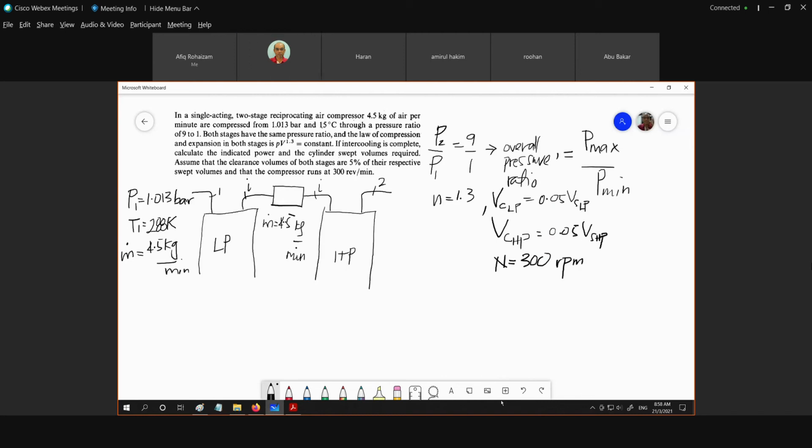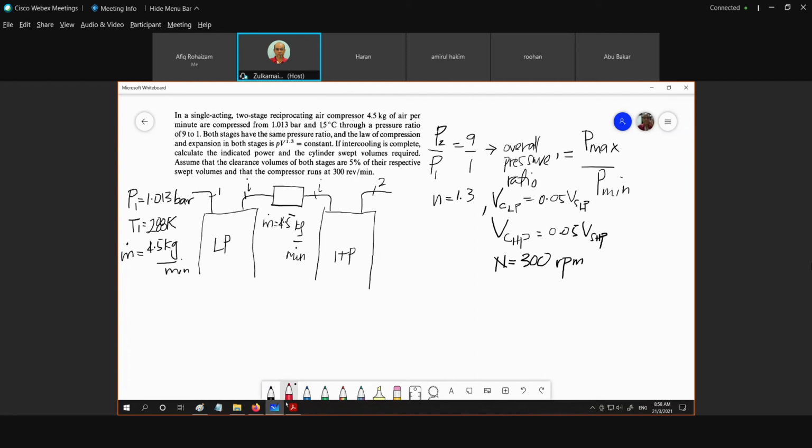Okay? So soalannya apa? Soalannya adalah if the intercooling is complete, calculate the indicated power. Kemudian dia kata sini apa ya? Dia kata di sini adalah both stages have same pressure ratio.